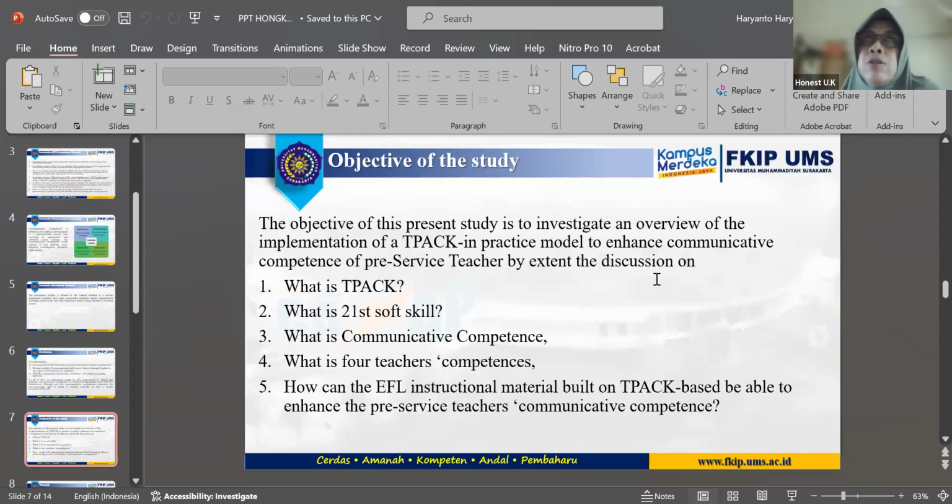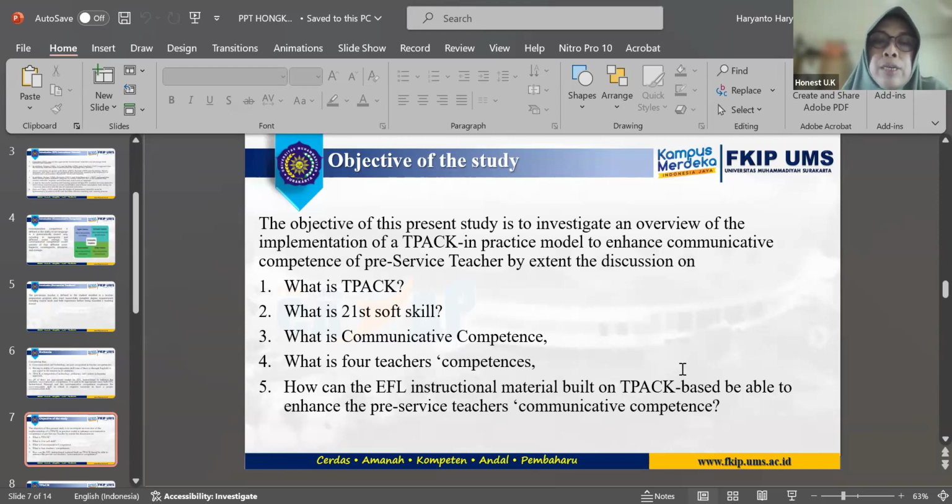Next, based on the background that I told earlier, this study focuses on 4 questions. The first is what is TPACK? The second one is what is 21st century soft skill? The third one is what is communicative competence? And the fourth one is what is teacher competence?